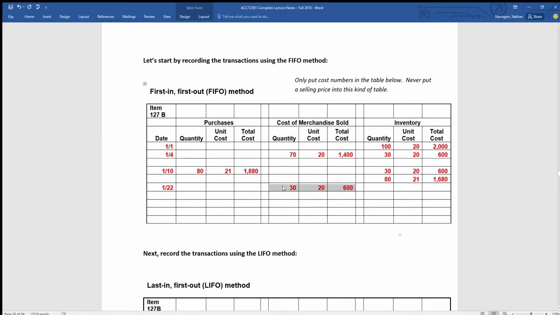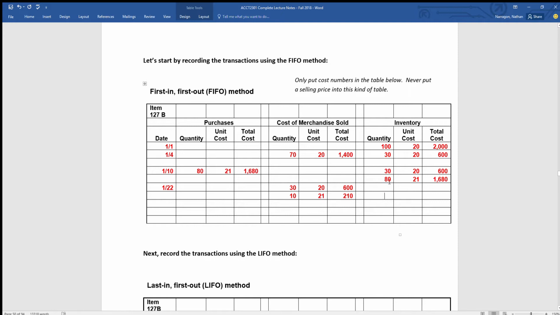Since I need 40, taking 30 from 40, I have 10 units that I still need to find the cost for. Lucky for us, we only have this 80. So we're going to take 10 units from the 80 at the cost of $21. So again, 10 times 21 gives us 210. Here, our 30's gone.